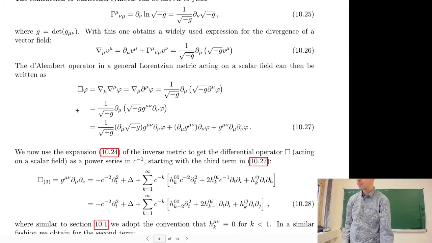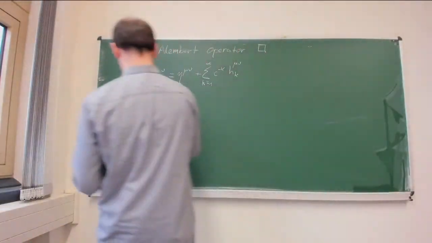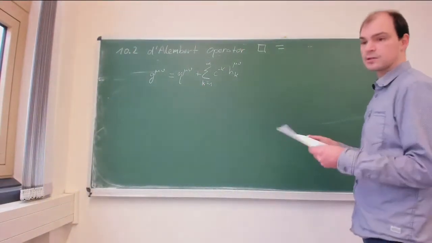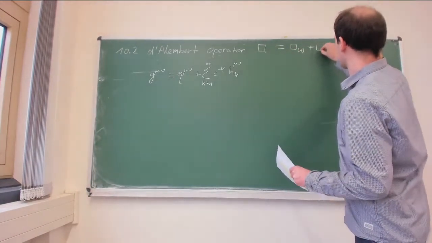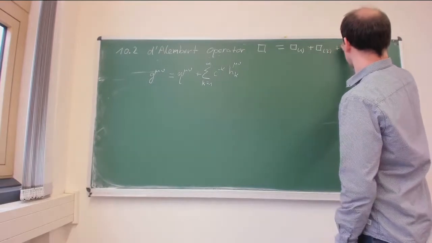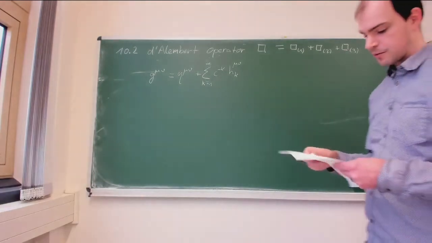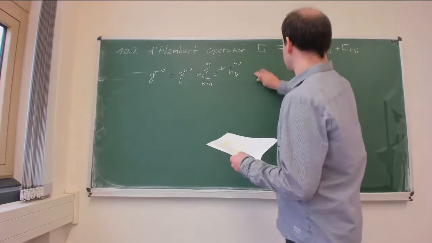So the D'Alembert operator in equation 1027, you see that we split it into 3 terms. We write our D'Alembertian here in 3 different terms, which are the following.